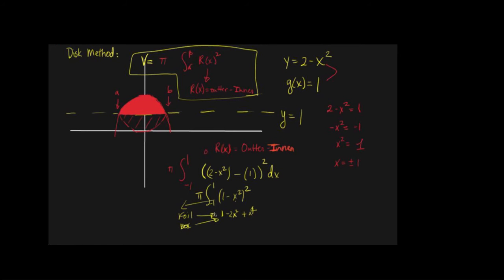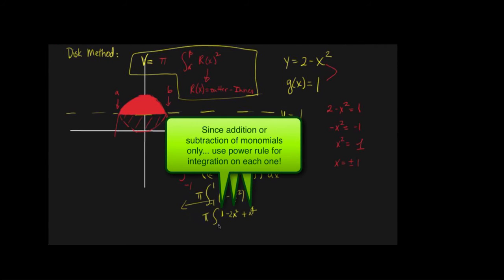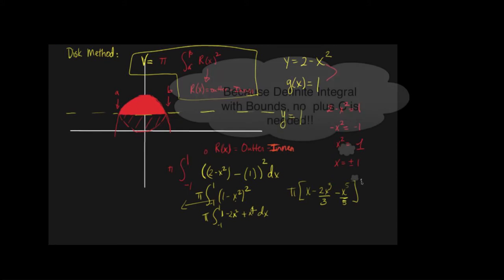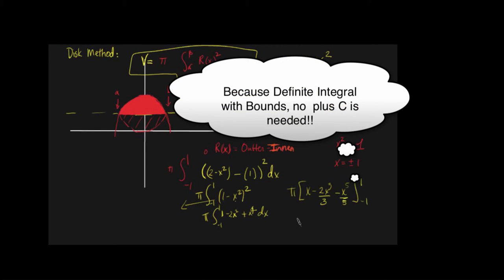Now that we have just addition and subtraction, we can integrate. So that'll be 1x, minus 2x to the third over 3, plus x to the fifth over 5. Put the bracket, and on top put 1, and on the bottom put -1.